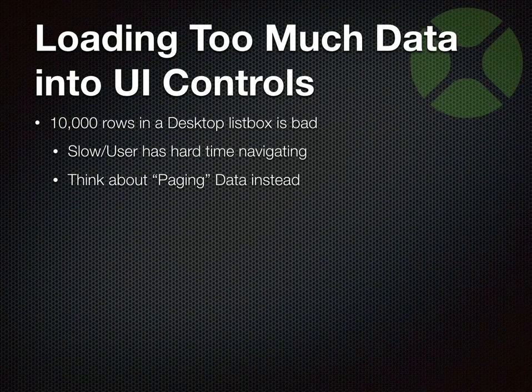So, loading too much data into UI controls. Man, trying to load 10,000 rows into a desktop list box is bad. I mean, it can be done, but it's slow, and once you have that much data in a list box, sometimes it's really hard to scroll through that and pick the ones you want. What we've done in the past is paging of data, and we've all seen this, especially web pages, where we're only going to show you 50 or 100 records at a time, and you just click on next, and it keeps loading.